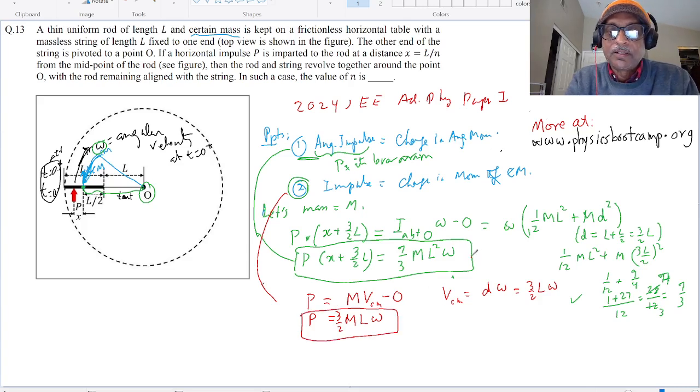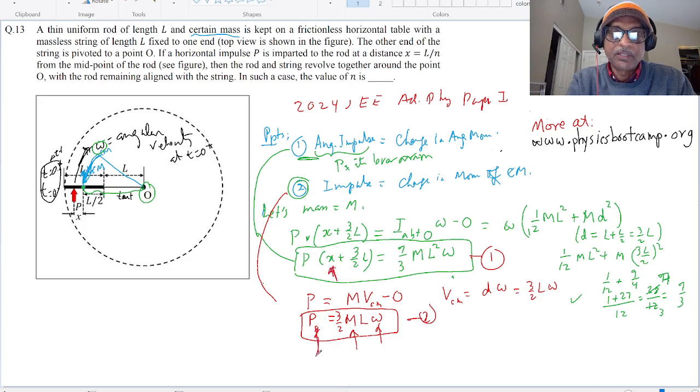So you have these two equations, equation 1 and equation 2. We need to find what x is. If I take a ratio of this with that, the unknown quantities are m, omega, and x.